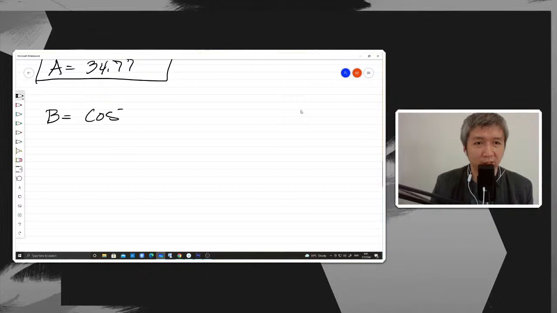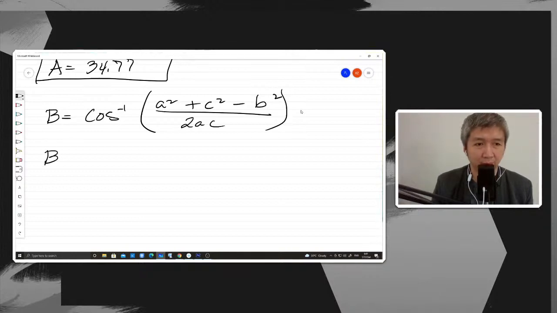So shift cosine. We have A squared plus C squared minus B squared all over 2AC. What is A? 4.